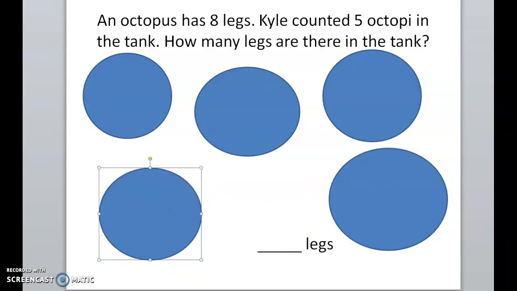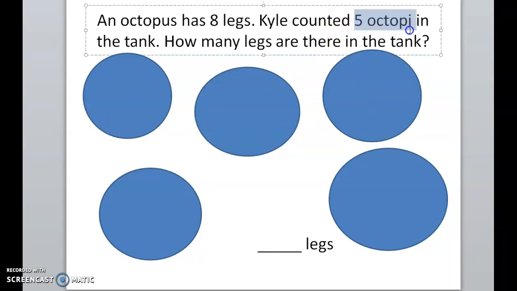Okay, so now we need to put little tallies or really anything that will represent the legs. So it says each octopus, and the groups are our octopi, okay? And we have 5 octopi. So each of them has 8 legs. So inside each group, we are going to put 8 legs.